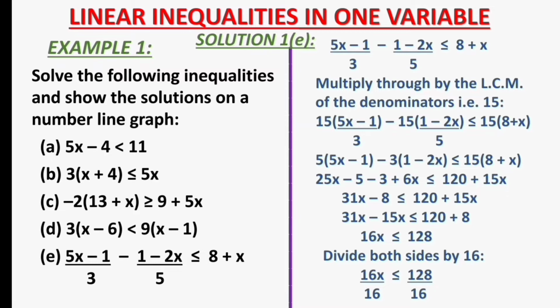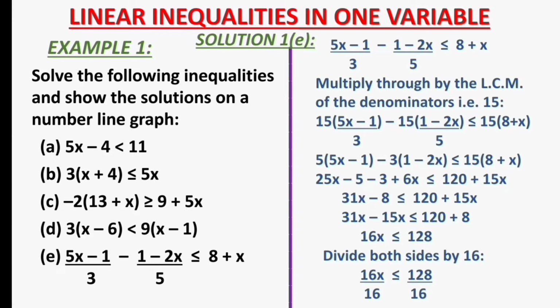That means clearing the fractions, because denominators create the fraction. So the fractional inequality becomes 5(5x - 1) - 3(1 - 2x) ≤ 15(8 + x), which is now a simple inequality, no longer a fractional inequality.